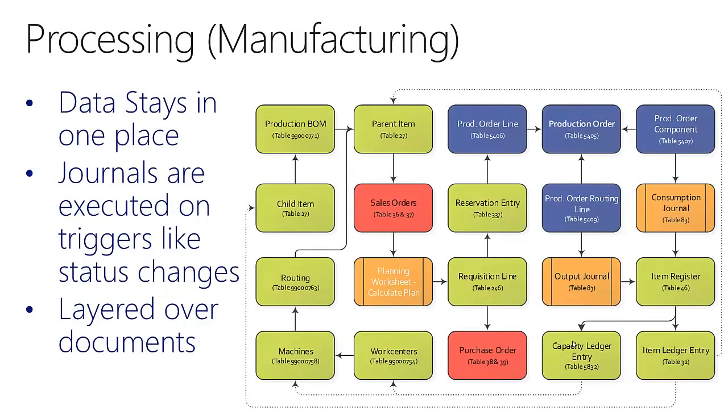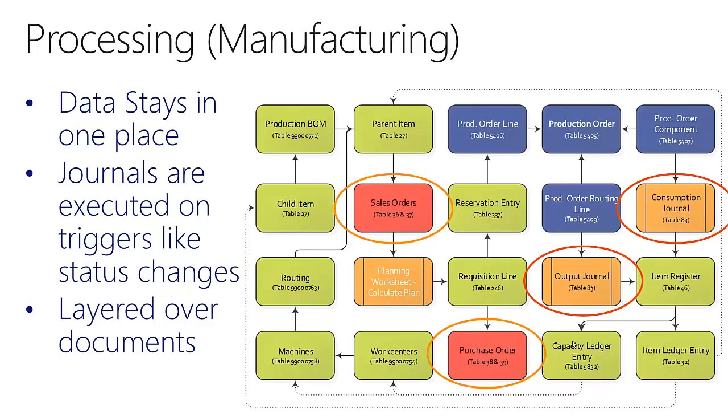If we look at the manufacturing process in Dynamics NAV, we can see that the production orders are going nowhere. They stay in the same table. During the manufacturing process, several things happen that cause entries to be created, or even documents that then again start their own posting process.